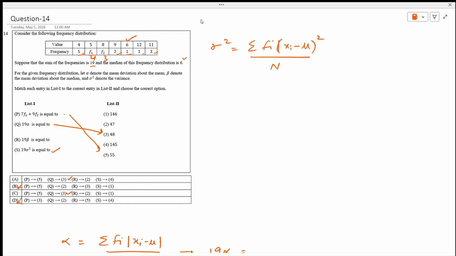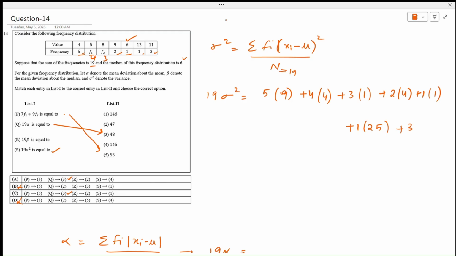So this is 19, and once again we'll get 19 sigma square is equal to 5 of 4 minus 7, which is 3, right? 3 square is 9, so 45, plus 4 of 2 square, 4, plus 3 of 1, plus 2 of 4, plus 1 of 1, plus 1 of 25, plus 3 of 11 minus 7, which is 4, so 16.